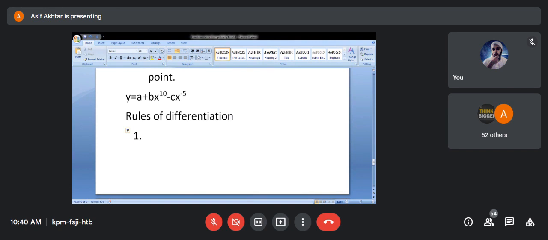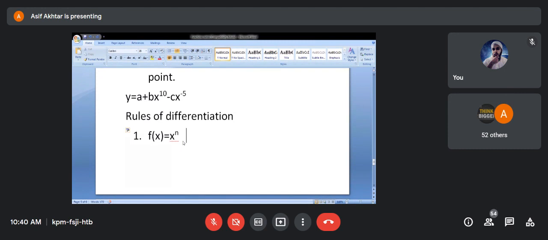So I would like to start with some common types of function. Here the first function is f(x). For example, I'm writing it up: f(x) equal to x raised to the power n. This function we simply call an exponential function.